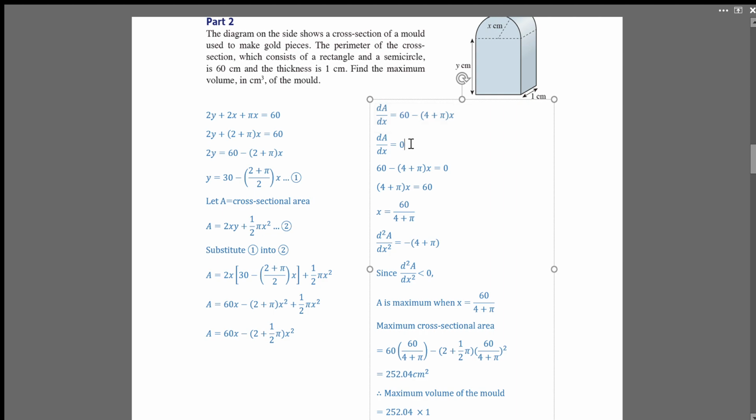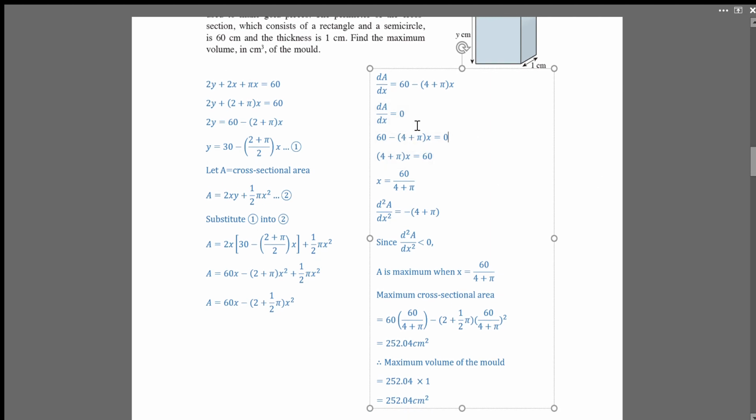For maximum values, dA/dx equals 0 shows that we can find the maximum value of the equation. By doing that, I can get the value of x.